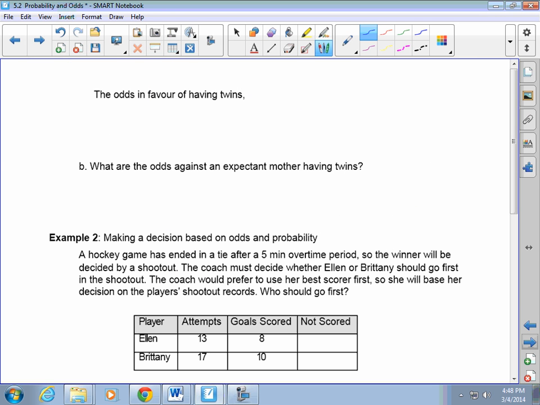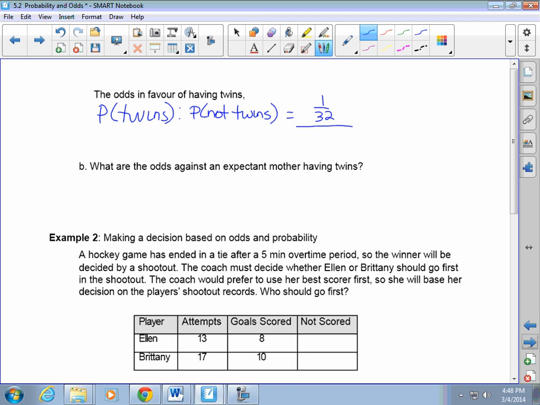So the next part said, what are the odds in favor of having twins? So odds in favor are the probability of having twins compared to probability of not having twins. So probability of having twins was 1 over 32.